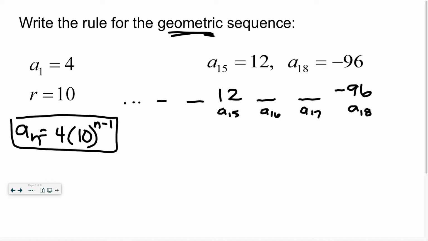If I give you two terms, just random terms of the sequence, and I tell you it's arithmetic, then you know it has a common difference. If I give you two terms and it's geometric, you know it has a common ratio. So one way to approach this is, can you start by finding R? Because you know there's a common ratio, so there's got to be some kind of pattern in between these two terms. So do any groups have any strategies for finding R that they could describe to us?